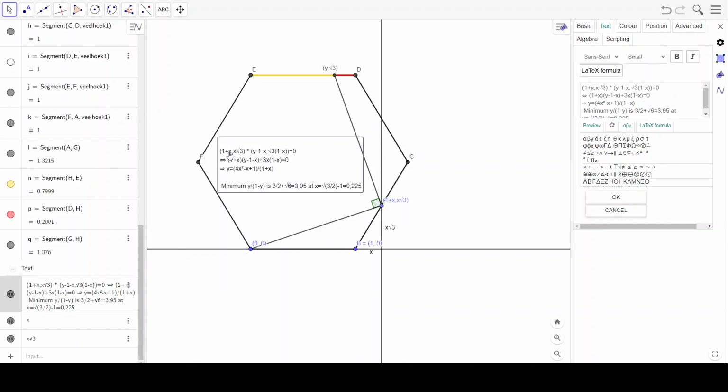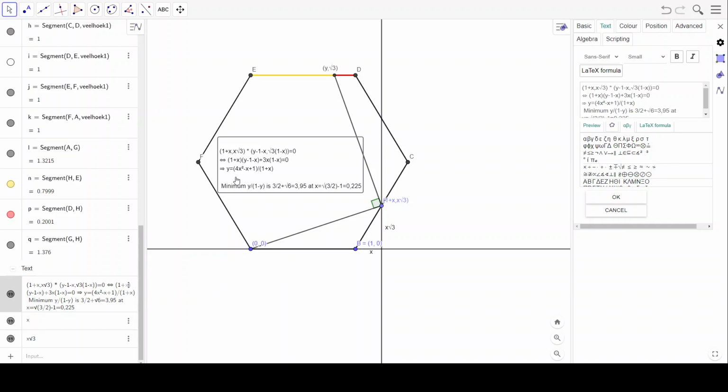It has coordinates 1 plus x, x square root of 3, obviously, and this vector is subtracting the x coordinates and the y coordinates, and you will get this expression for the vector. If I take the dot product of these two vectors and set it to 0, you will get the equivalent equation, which is shown here.